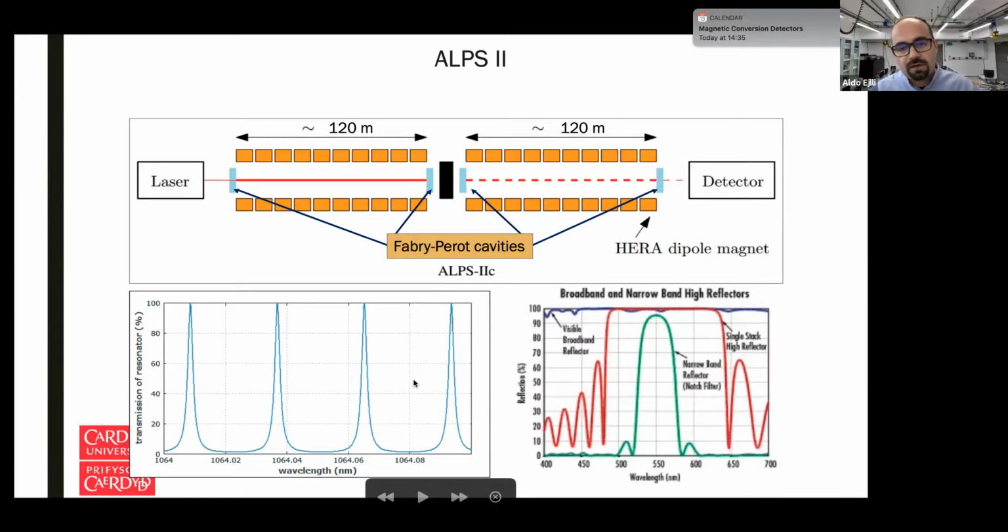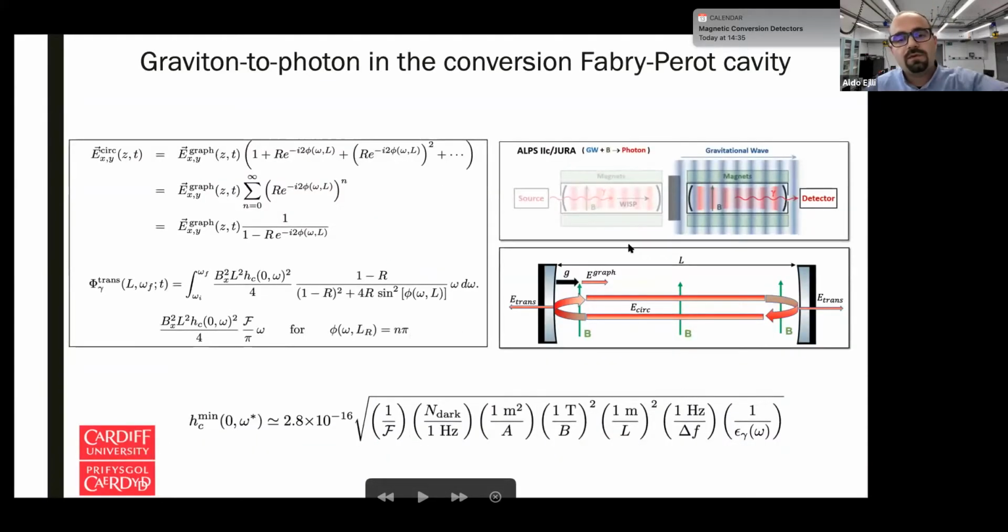If we think of a stochastic gravitational wave background, it will have many frequency components, and obviously at the frequency of the cavity, you will have a boost of the photons, because this will sum coherently, and the mirrors have a finite reflectivity, so we can use it as very narrow band. This is an example. So we might compute a gravitational wave to photon conversion in the cavity.